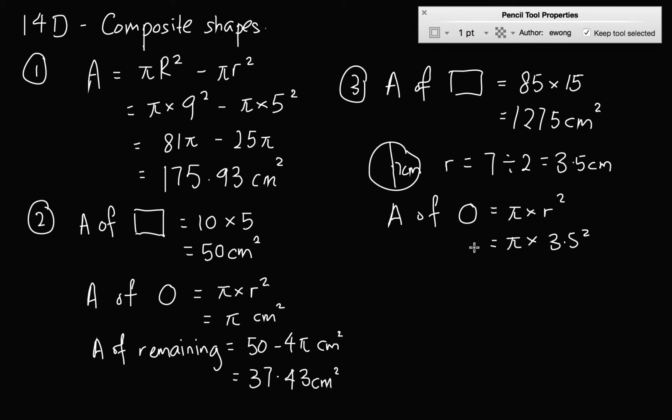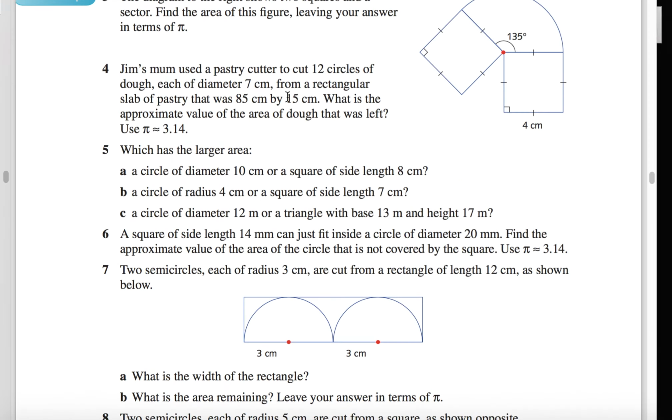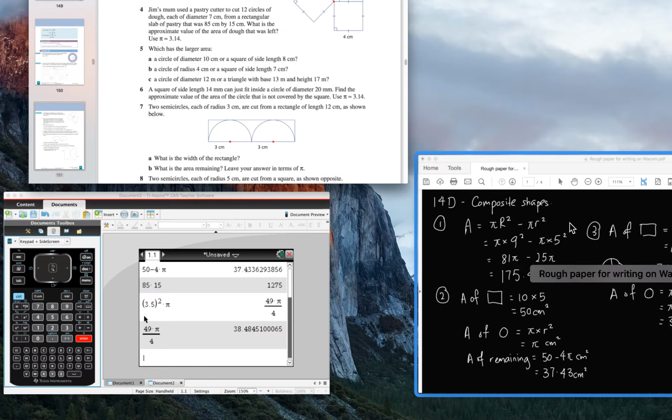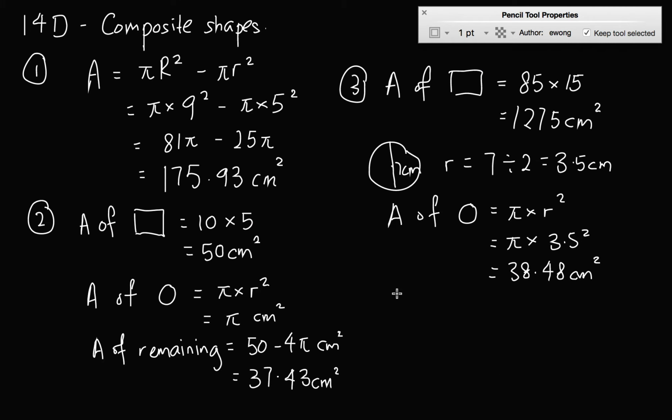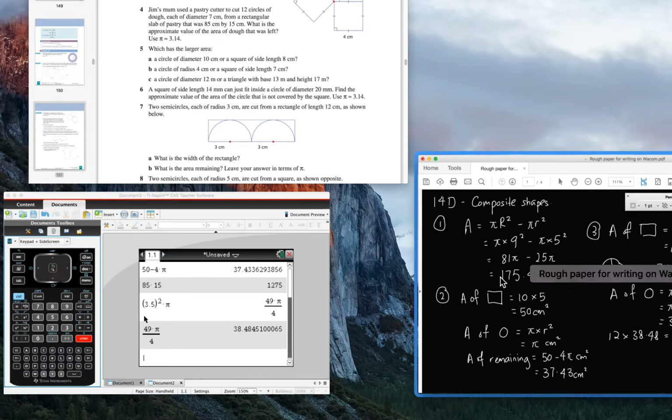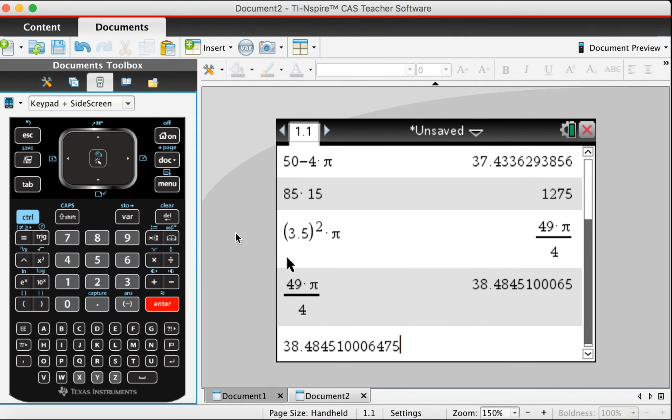So one of those circles is 38.48 centimeters squared. And how many circles did Jim's mom cut? 12 circles. So we have to do 12 times 38.48. And let's see what that brings us.